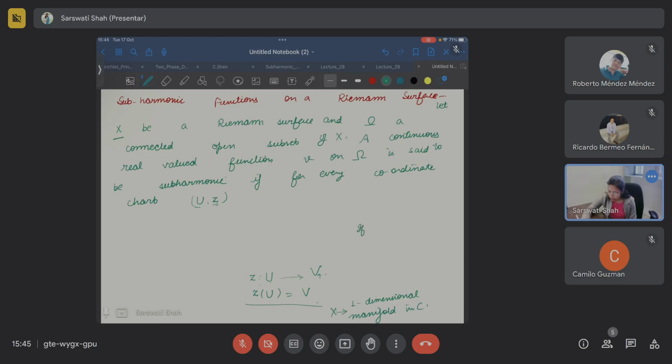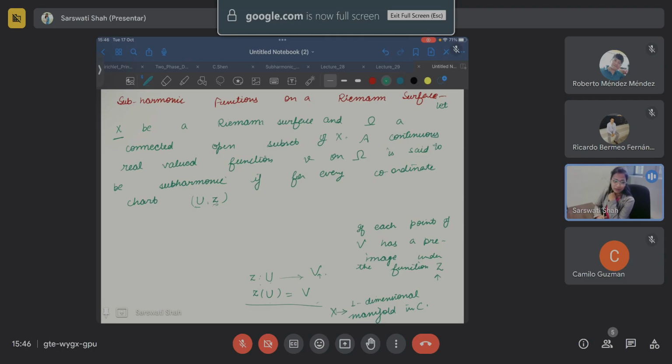If each point of V has a pre-image under the function Z, then what do we call this function? Please tell me. If the codomain has a pre-image for each of its points, then what kind of function do we call it?